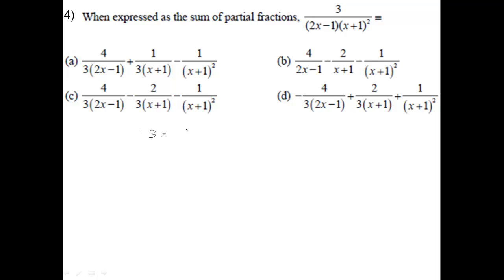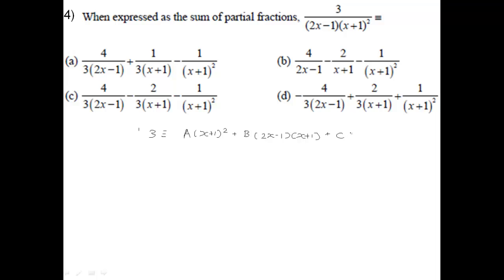We would have a over 2x minus 1. So we would be multiplying that by that, plus b, well that's the linear factor, so we would have to multiply it by 2x minus 1 and one of the x plus 1's, plus c.